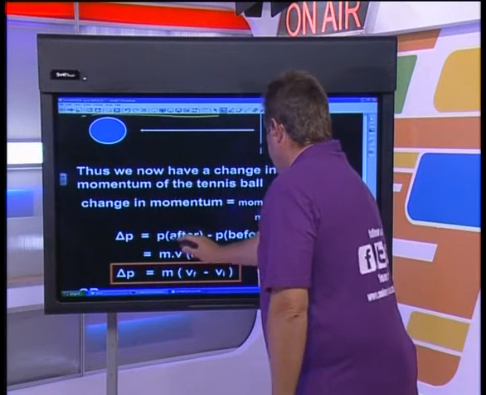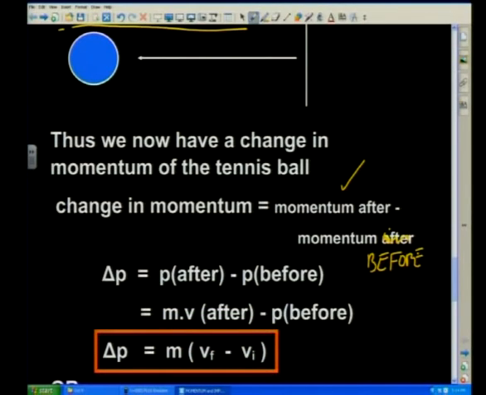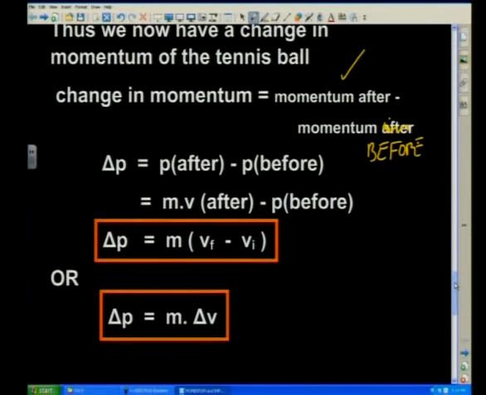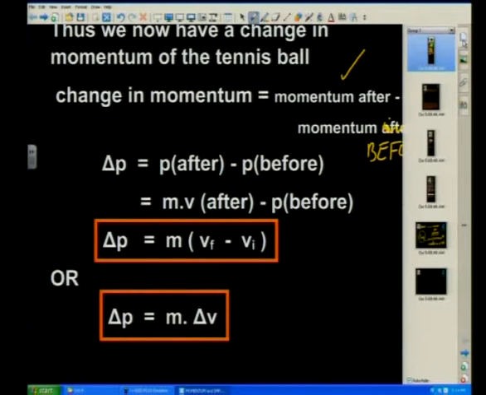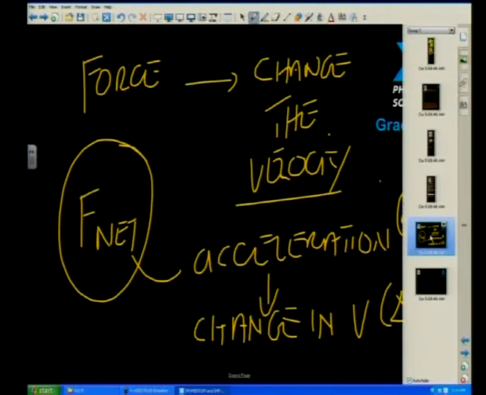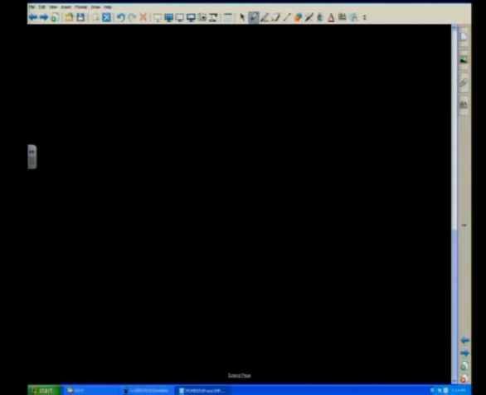And that's what I've put over here. Momentum after minus momentum before, and therefore it's going to be mv after minus the momentum before. Let me bring this up to make it a little clearer.